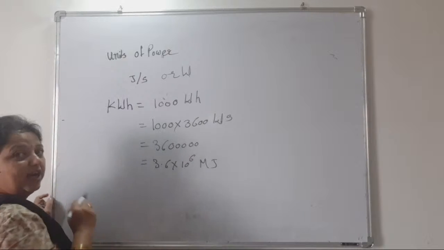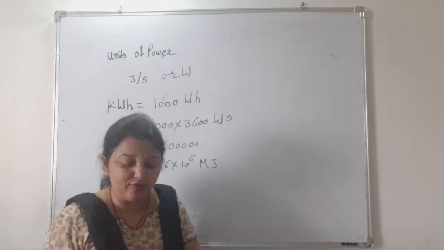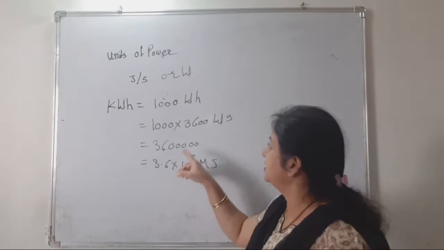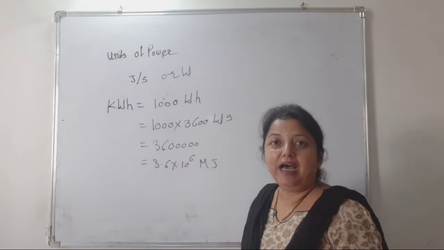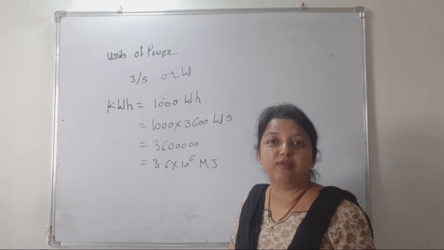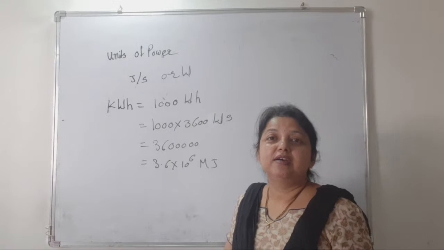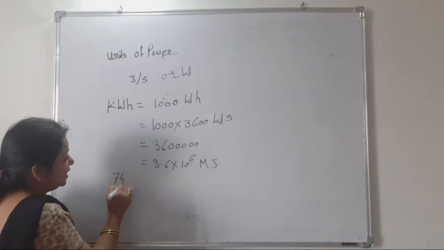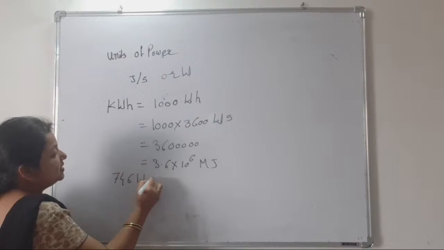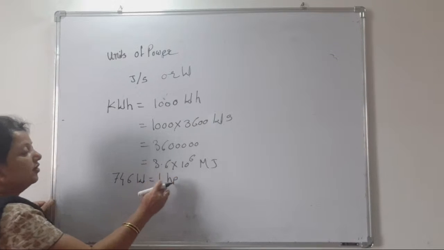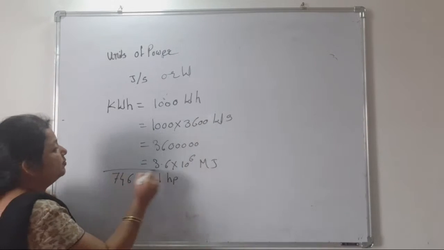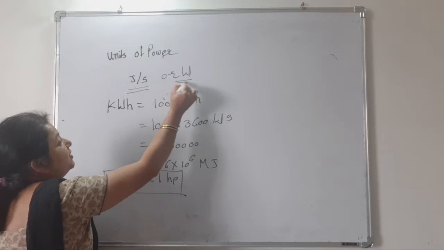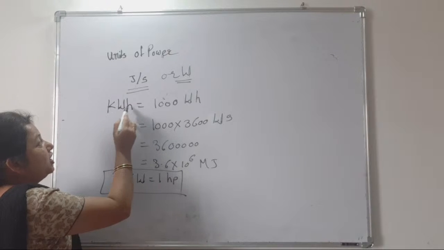Okay, our electricity is calculated in kilowatt hour. How much wattage we use, that is in kilowatt hour. Another unit of power is horsepower. Electric motor horsepower, 746 watt is equal to 1 HP. This is also one of the important units. How do you calculate kilowatt hour?